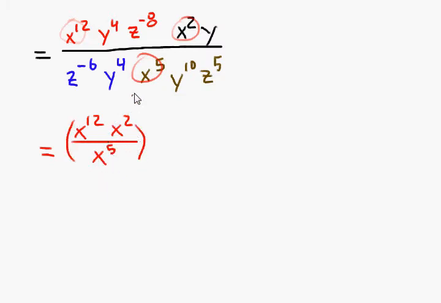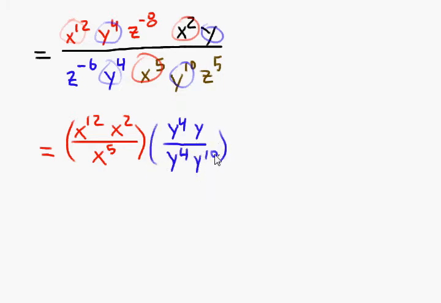Now, we want to look at the y's. Y to the 4th times y, and that's going to be divided by y to the 4th, y to the 10th. Finally, we'll do the z's.